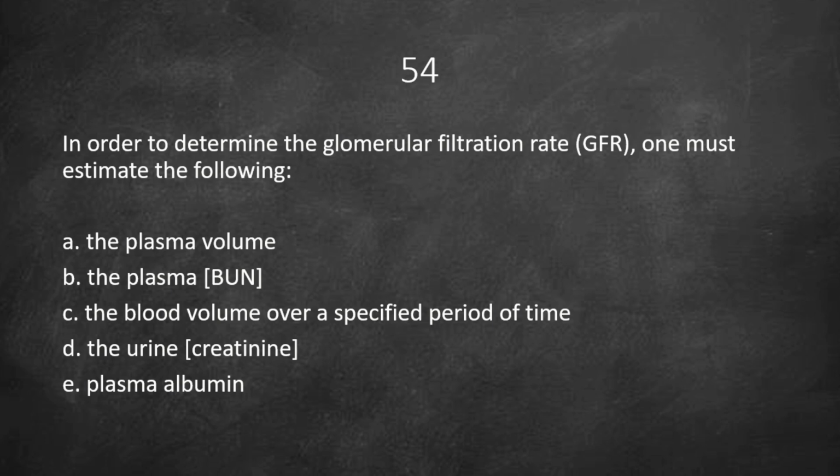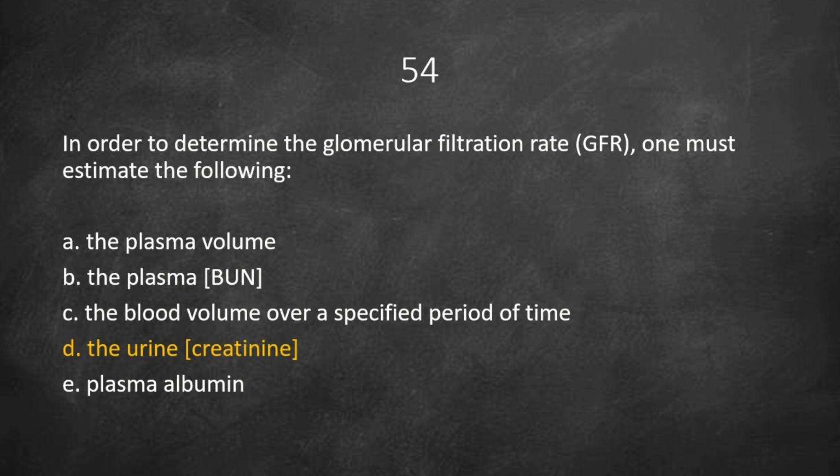Okay, so the correct answer here is the urine creatinine concentration. So glomerular filtration rate, one way of determining that is by doing a creatinine clearance, and in creatinine clearance you measure the serum creatinine as well as the urine creatinine. So option D becomes the correct answer for question number 54.